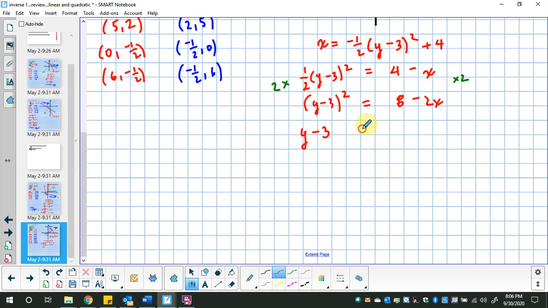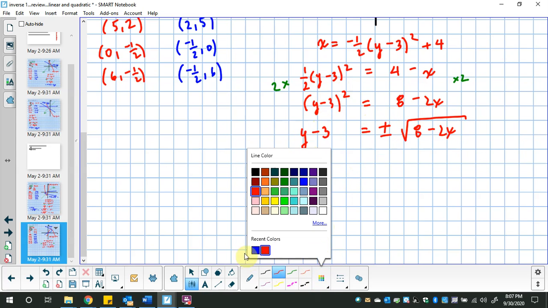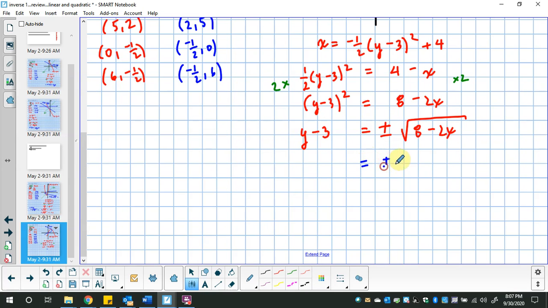That little 2 means put on a square root sign. But in addition to the square root sign, your job is to remember the big plus minus that goes in front. And finally, I'm going to save myself one line of work for this too. I will need to take the subtract 3, and after the root I will have to add 3, and that's going to leave me with y all by itself, so I can call that f inverse at x.